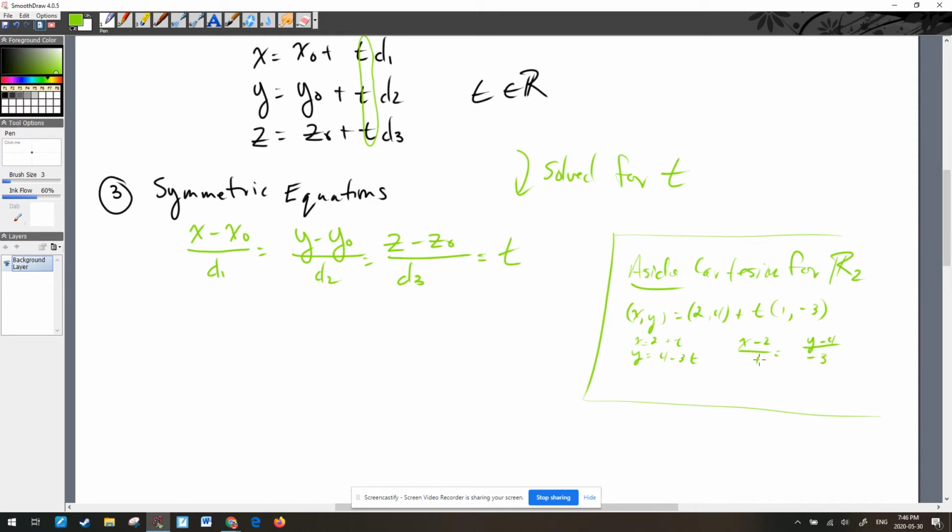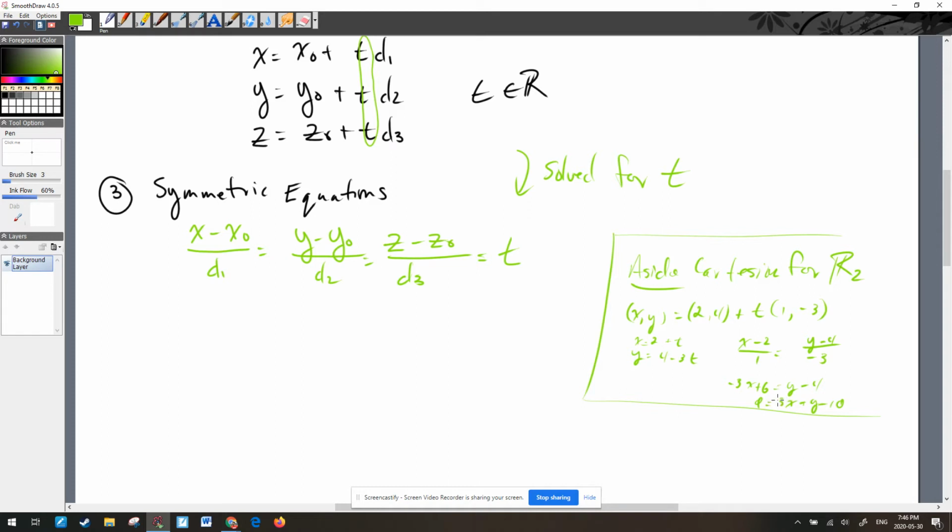And so there is our symmetric. So vector, parametric, symmetric, and then we would cross multiply and have negative 3x plus 6 is equal to y minus 4. We'd shift everything over, actually let's shift it that direction so that our x becomes positive. So 0 equals 3x plus y minus 10.